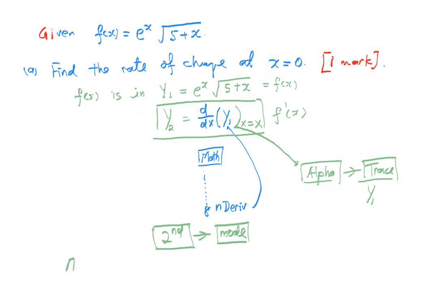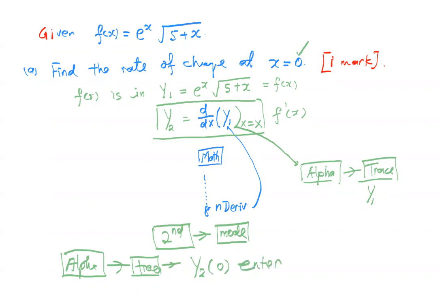There is another way of doing it, but I'm used to this way. Then you select Y2, correct? Then you want at x equal to 0, so you press in 0, equal, enter. So that is the gradient at x equal to 0.